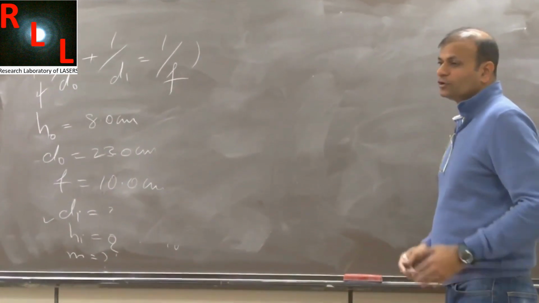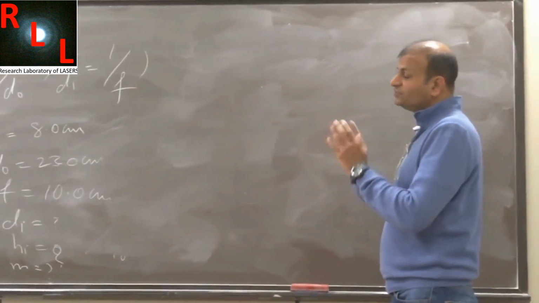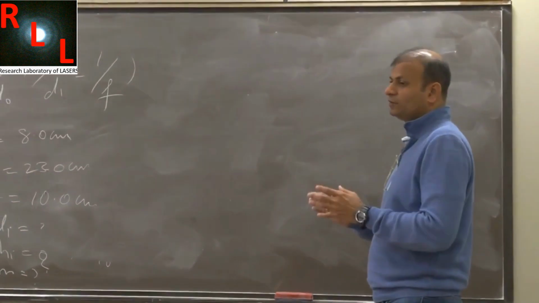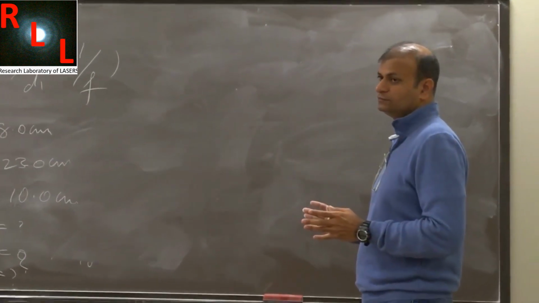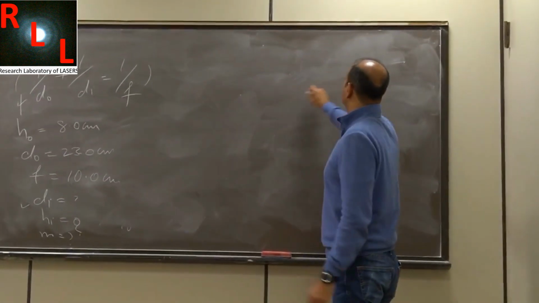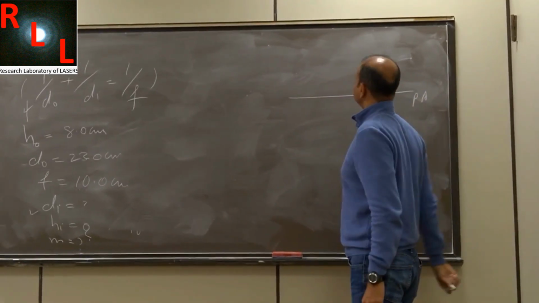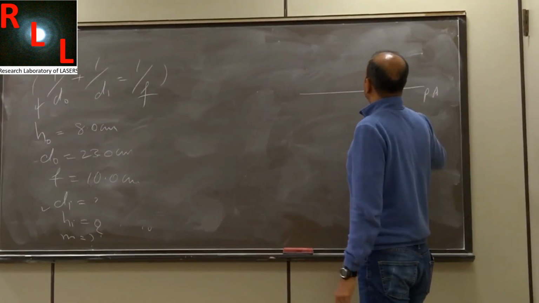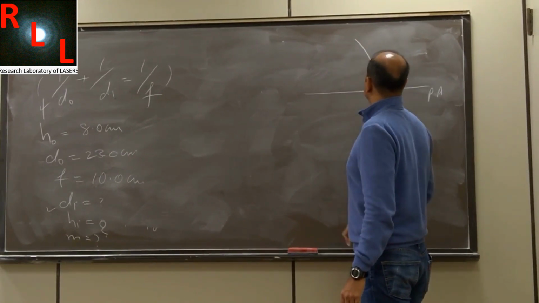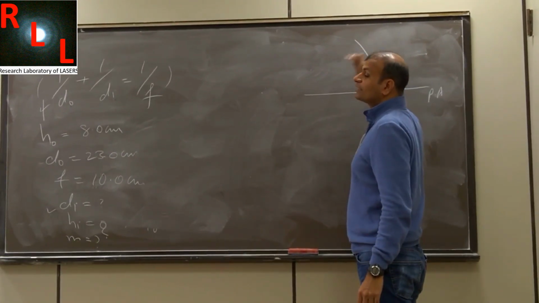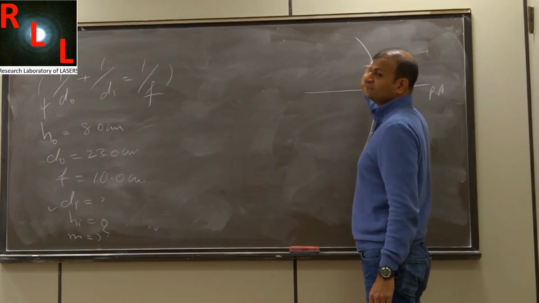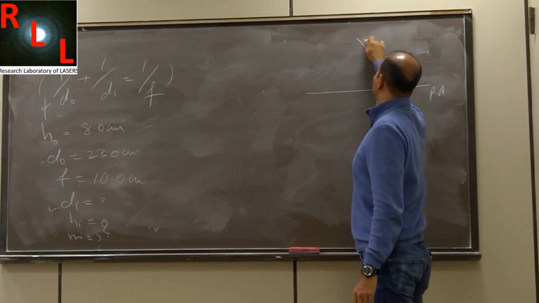It's better for your convenience, or if I mention specifically in the problem to draw, then you have to. Okay. So this is your principal axis. It's concave, so concave means the inner surface is reflecting inside.